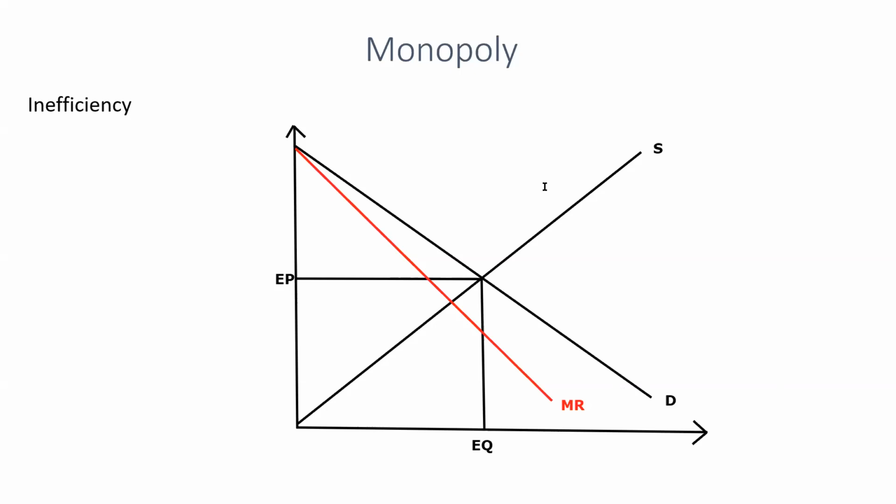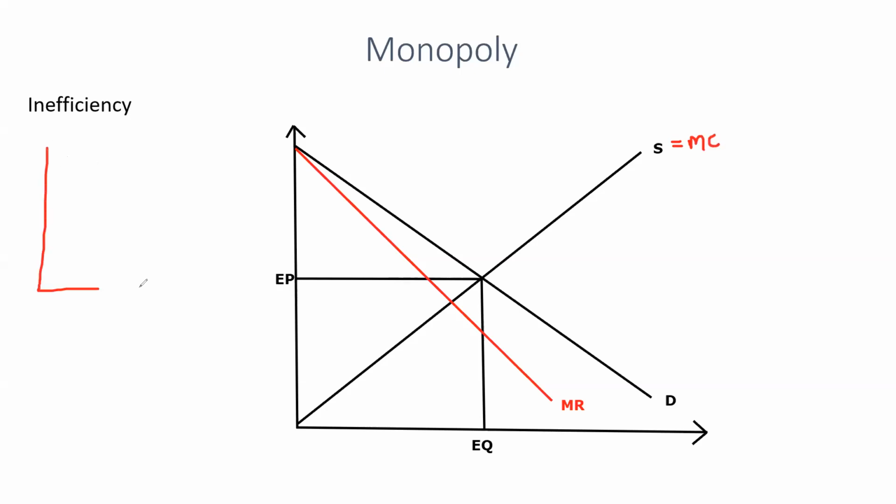We also know in a monopoly, the profit maximization takes place where MR is meeting MC. So I need to draw my MC as well, isn't it? So let me draw my MC. Hang on. My supply curve is the MC, isn't it? So I don't have to draw another MC.